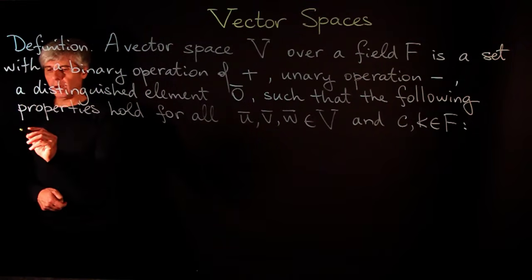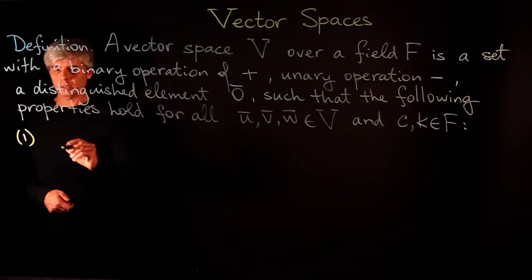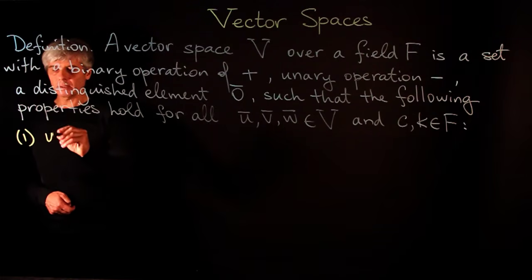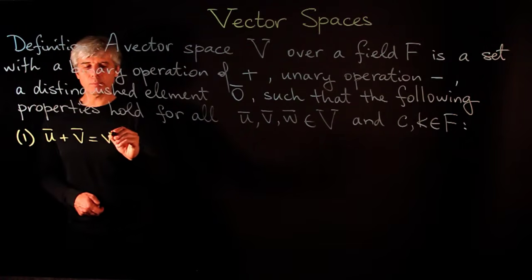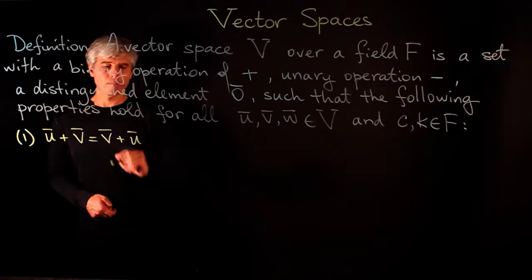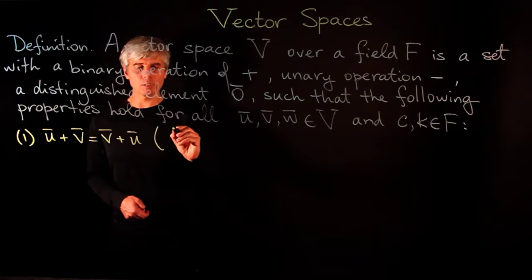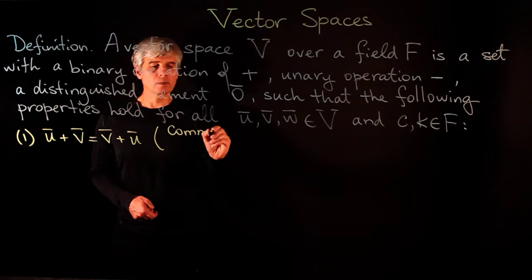So 1. For any u and v, u plus v is equal to v plus u. So this is a commutative law.